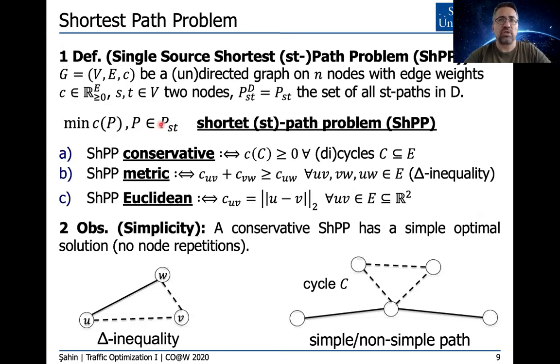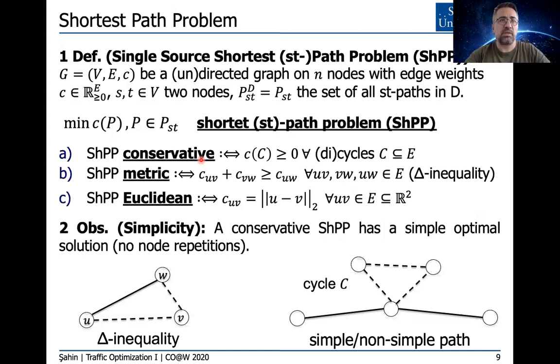Some versions of the shortest path problem have simple optimal solutions. Simplicity in this respect refers to no repetition of the nodes on the path. For instance, for the conservative shortest path problem, there are no directed cycles which have a negative cost. So the shortest path, the optimal path, can be found as a path with no repetitions of the nodes.